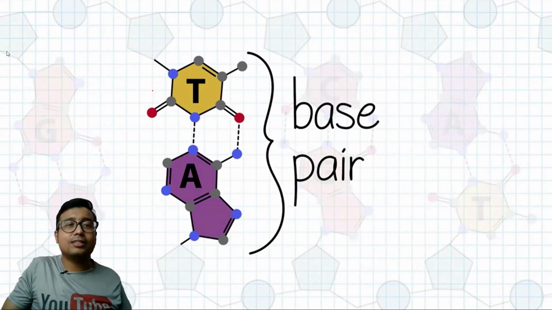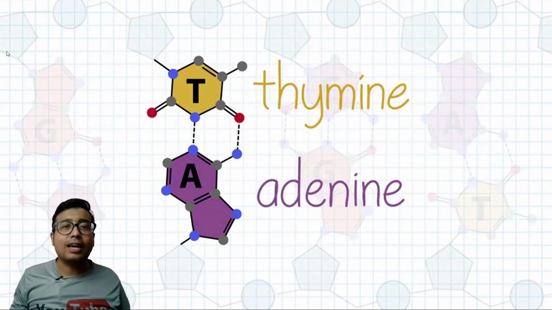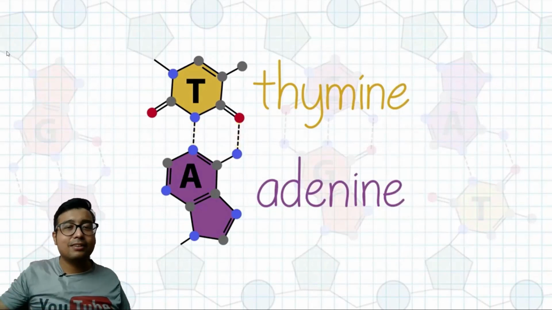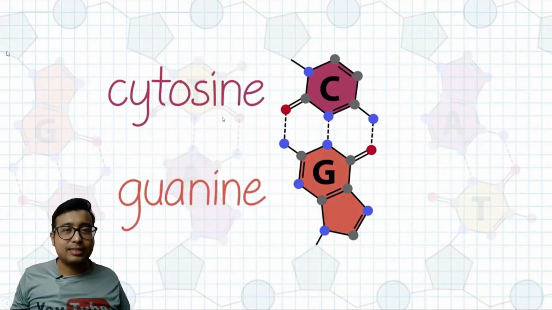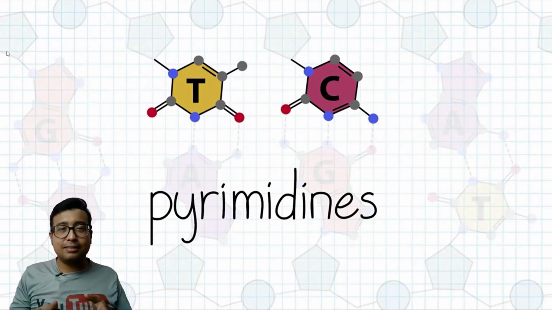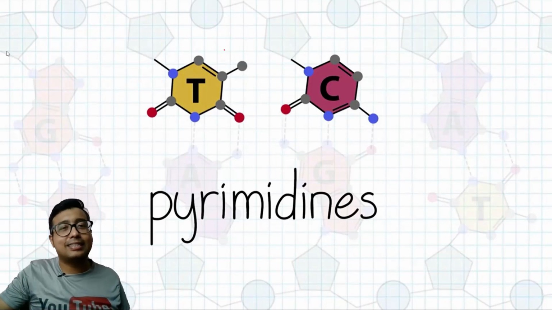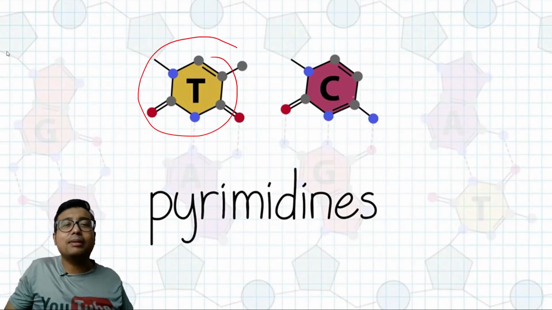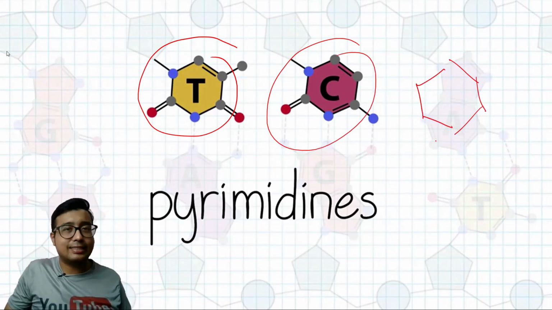So A always pairs up with T. Thymine pairs up with adenine via 2 hydrogen bonds, and cytosine pairs up with guanine with the help of 3 hydrogen bonds. Now from your nucleotide chemistry chapter, you know by now that T and C, that is thymine and cytosine, are pyrimidines, because they have a single ring structure.